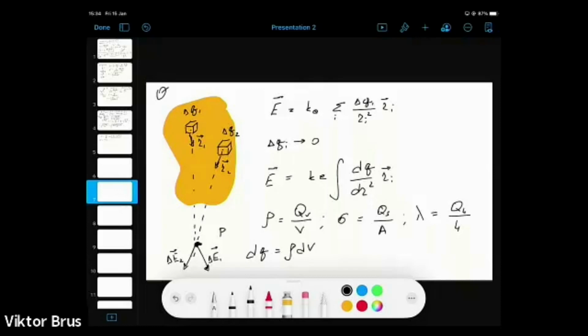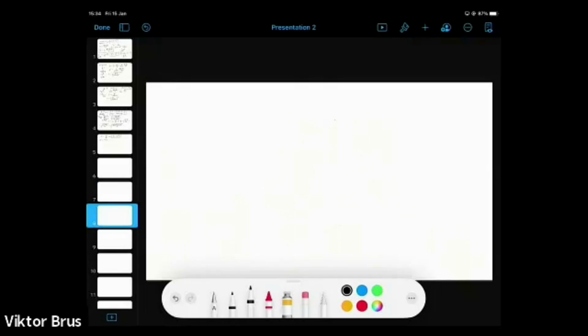So in this case, we need an example of how to apply this in some real case, and let us consider a disk with some radius r.